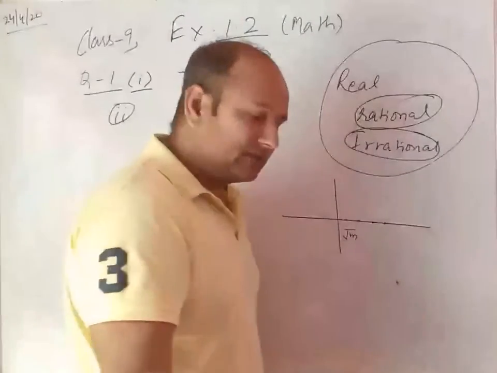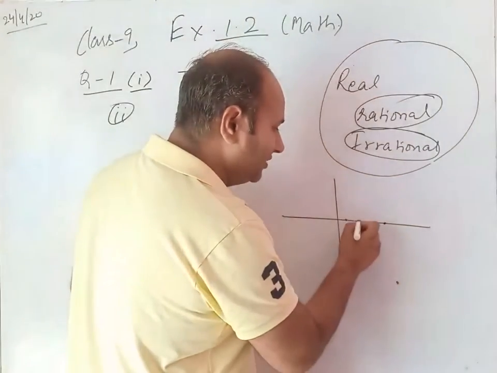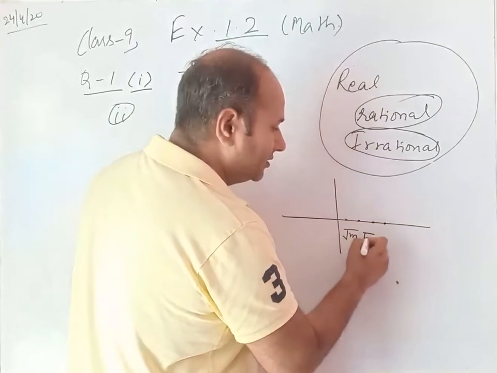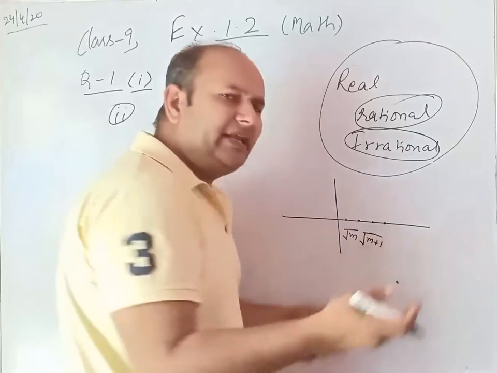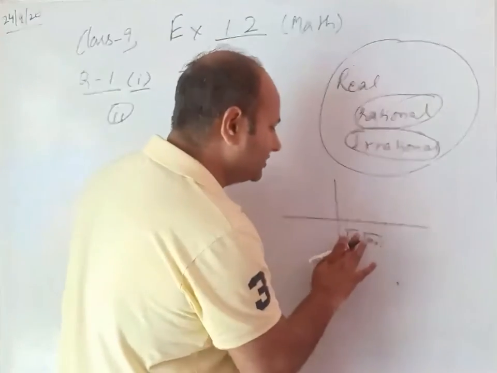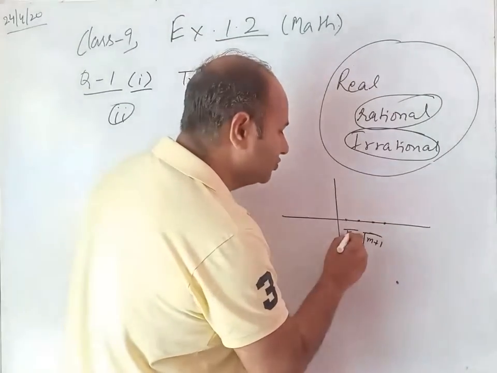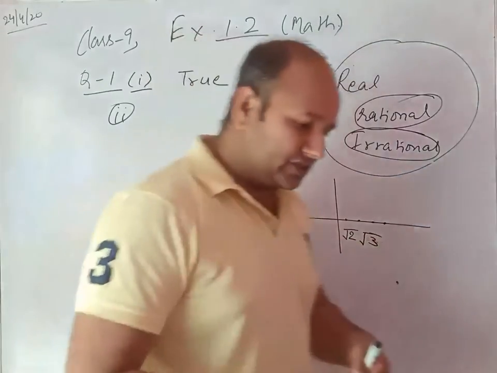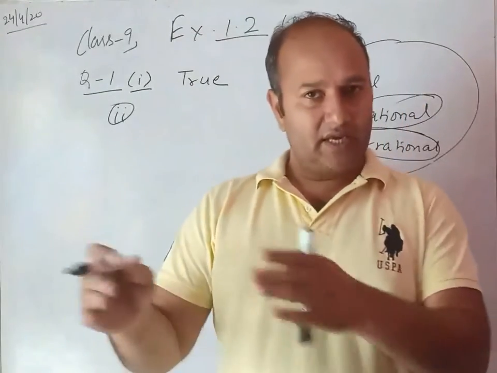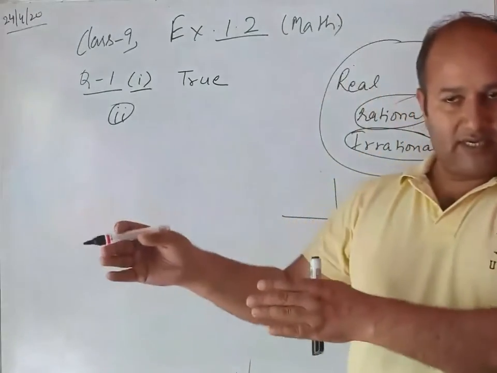Suppose this number is root m, so the next number will be root m plus 1. If m is 2, the next number will be 3. So root 2 is the first number, root 3 is the next, root 4 is the next.